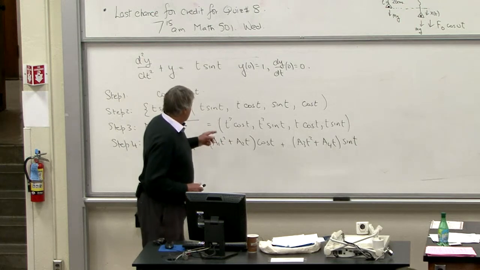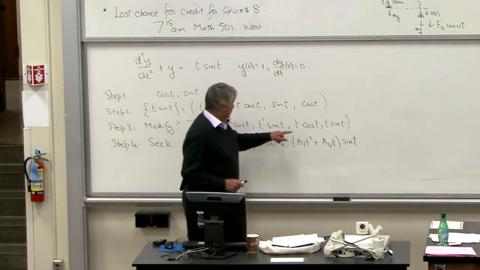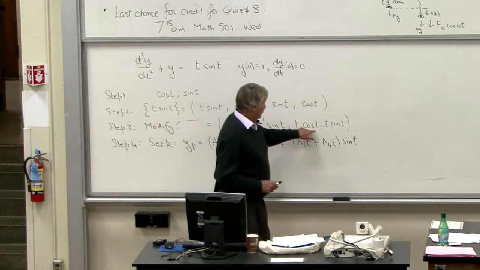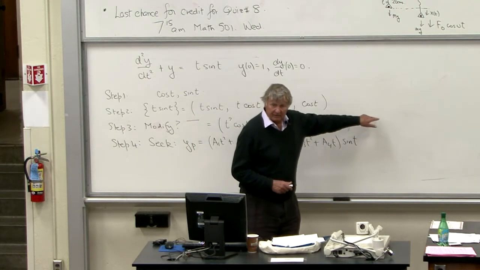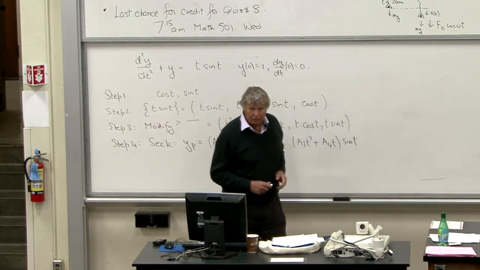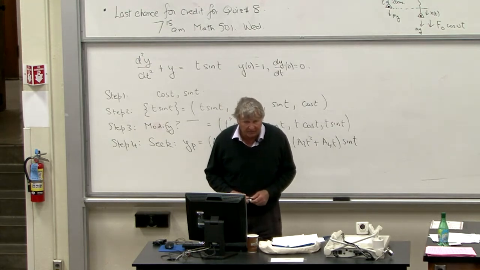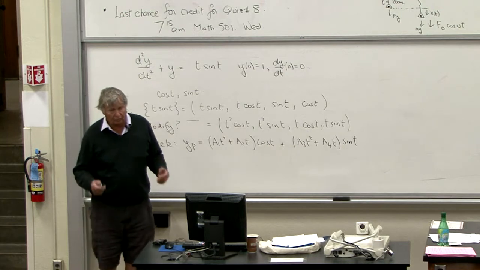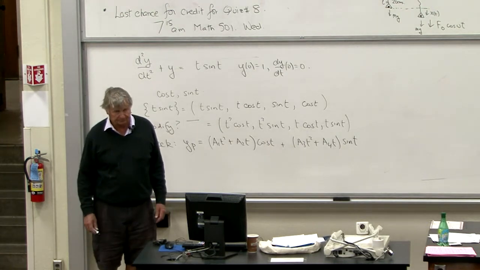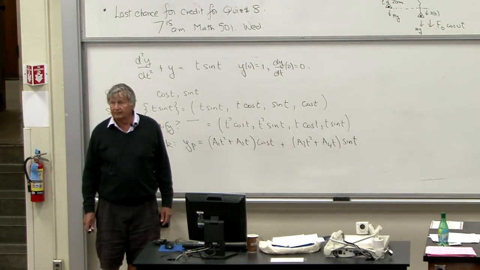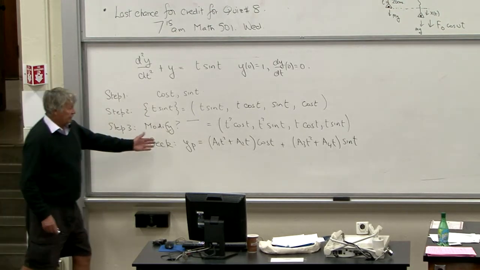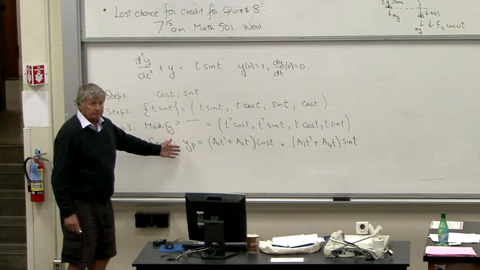It wouldn't be too bad if you made this t cubed cos t, t cubed sine t, t squared cos t, t squared sine t. As long as you include the t cos t and t sine t, automatically the higher order ones won't appear. Very good. So now we seek solutions in this form.